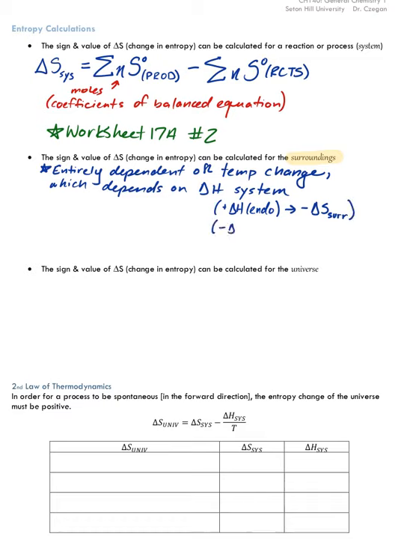And if we have a negative delta H, an exothermic reaction, then we're going to have a positive delta S of the surroundings because it will be heating up and gaining entropy. The actual equation for this is the delta S of the surroundings is equal to the negative delta H of the system over T.